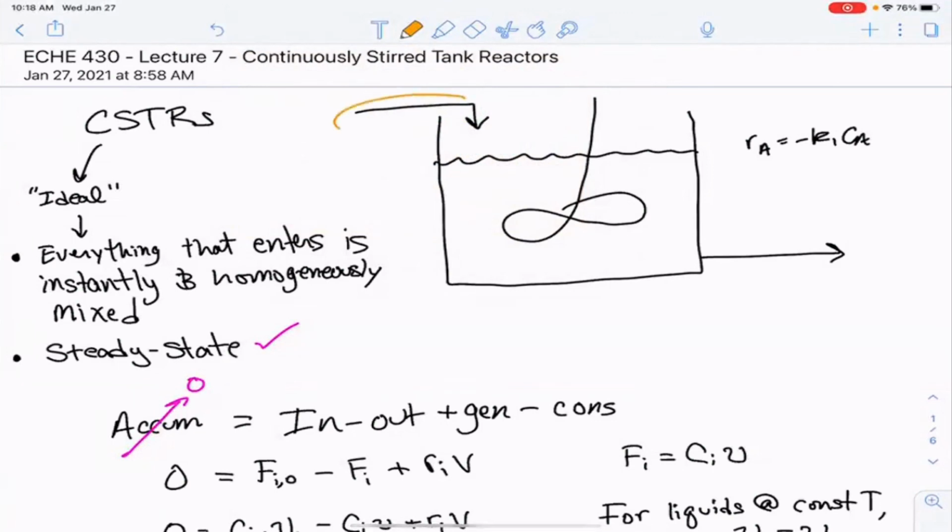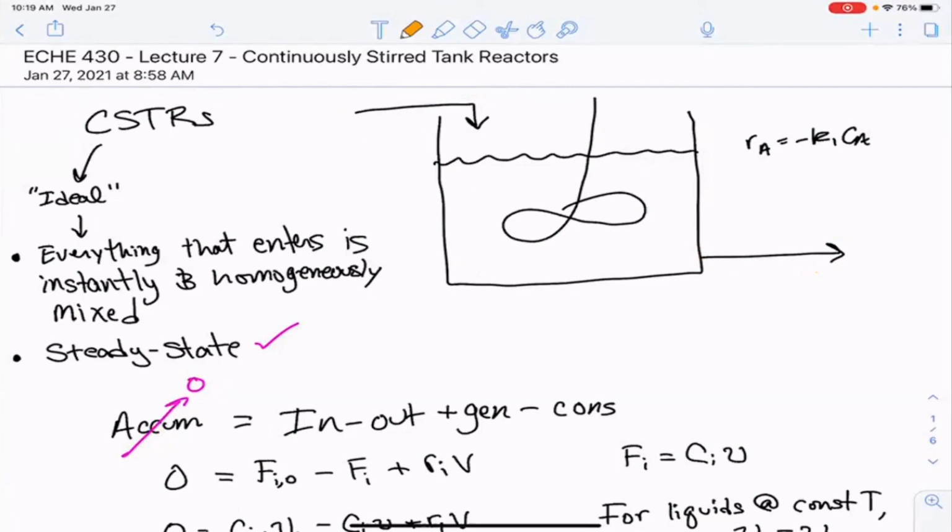So you have some concentration, CA0 entering, and some concentration, CA, that's leaving. But remember, if everything's instantly mixed, what is at the exit and flowing out is exactly the same as any other point inside of the reactor. So CSTRs operate at the most dilute point. And because of that, making the reactors bigger and bigger is not a good strategy generally.